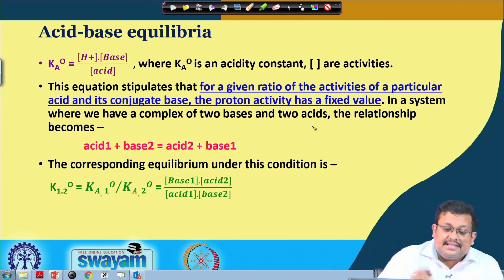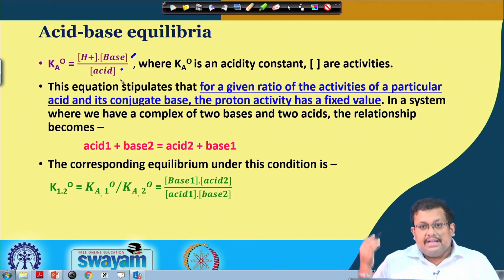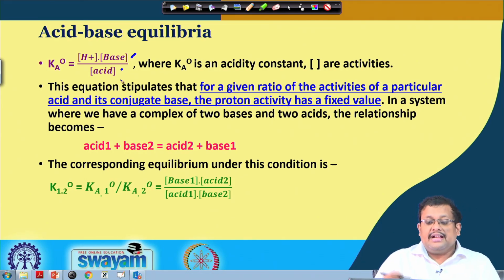So, if we consider that the ratio of activities of a particular acid and conjugate base is a constant, then the proton activity has a fixed value. So, this is basically the interpretation from there.